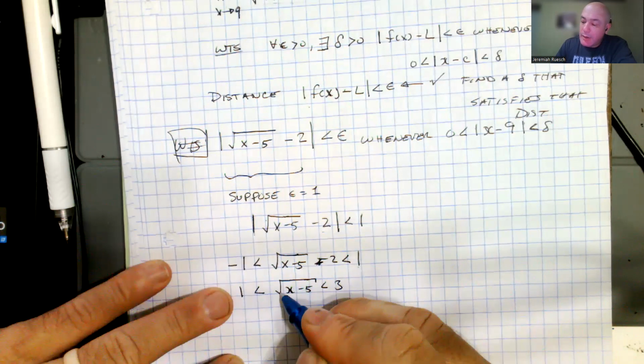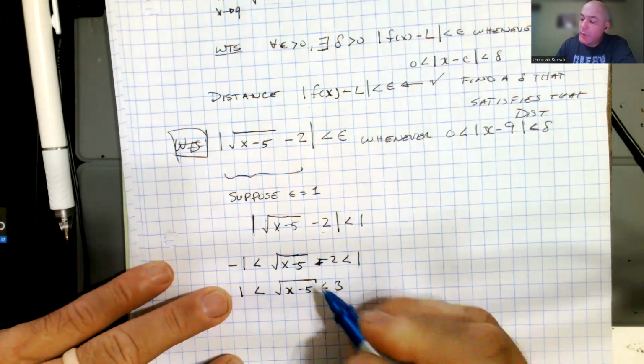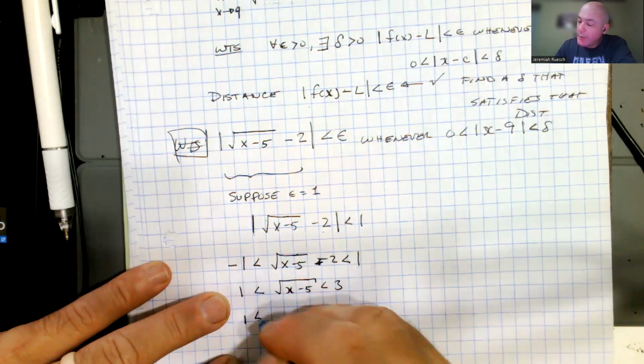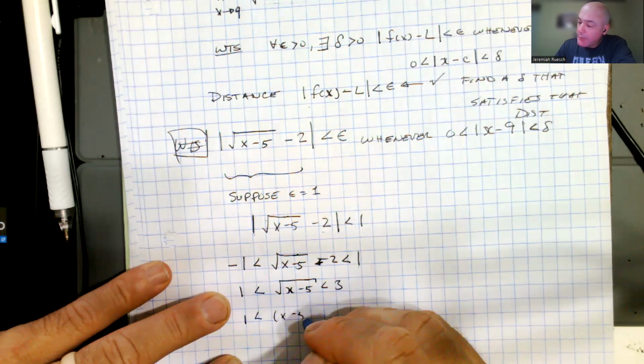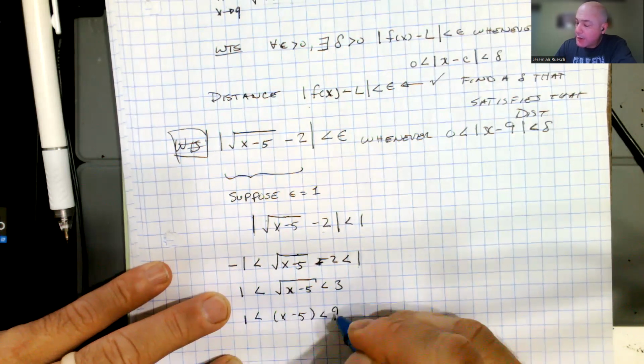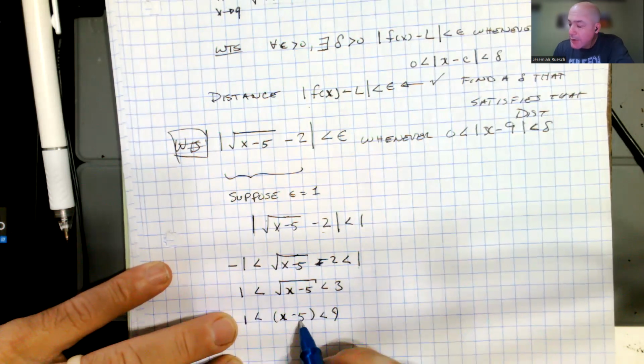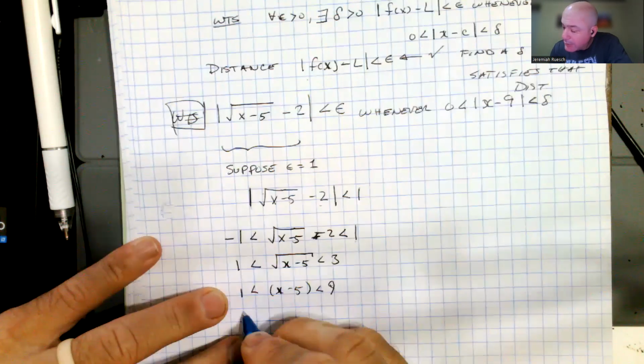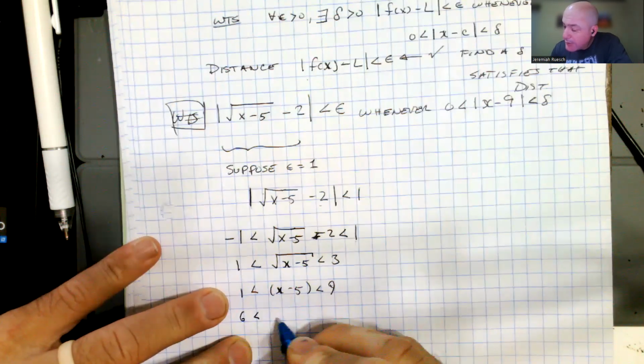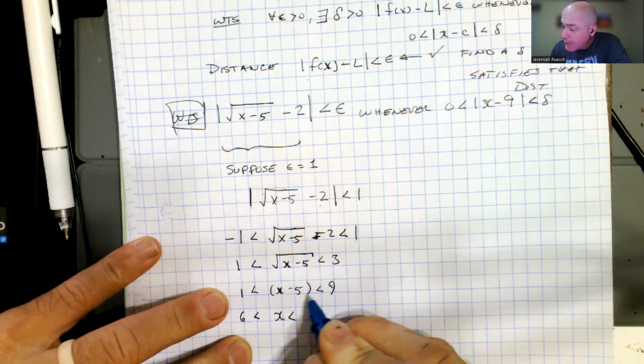Okay. And then, since they're all positive numbers, I'm going to square this interval, and I get 1 is less than x minus 5, which is less than 9. Okay. And then last but not least, I can now add 5 across each of these without changing anything. And so I get 6 less than x less than 5 plus 9 is 14.